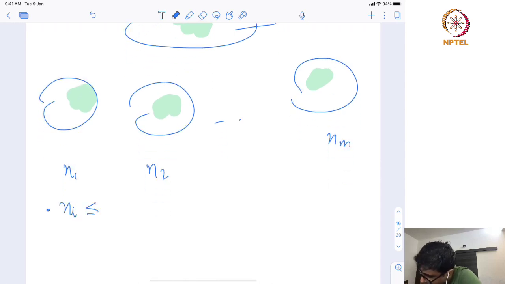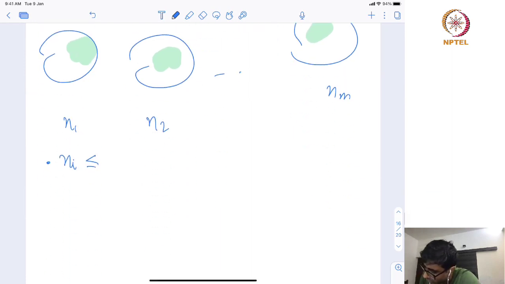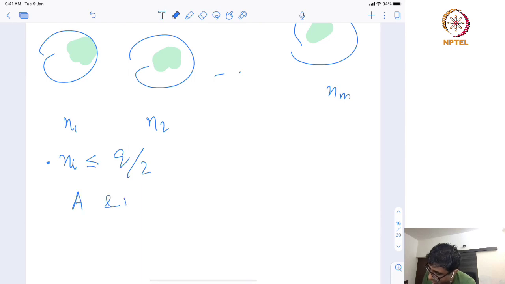Each Ni is at most, let's say the cardinality of W is Q, say Q over 2. Then I am going to show you there exists a partition A and B with the desired property. We have seen this before, but let's repeat it once again.